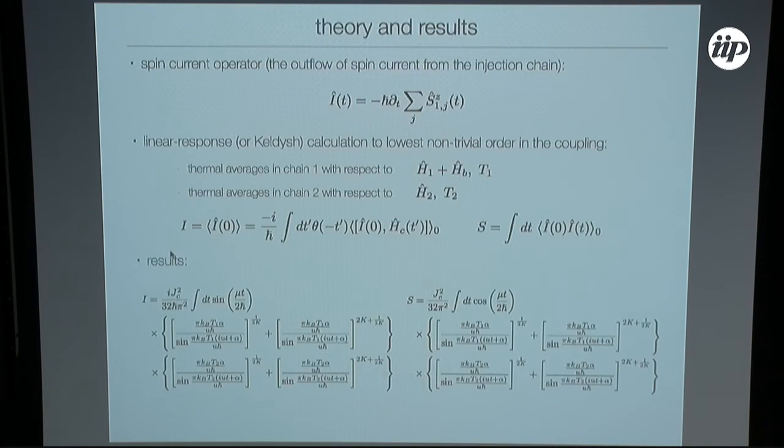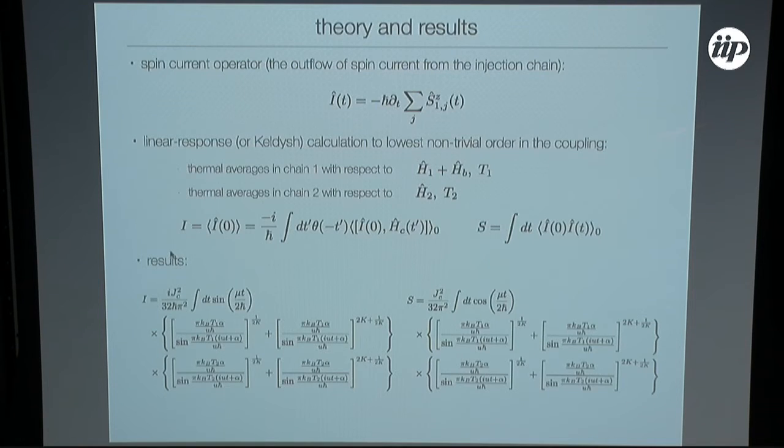Okay, so the theory is that first we define the spin current operator to be the spin current leaving the injection chain. You can calculate this within linear response to lowest order in the coupling constant JC. In principle you have to calculate the expectation value of the current using the Keldysh formalism, but as long as you're looking at lowest order in JC, the linear response calculation is equivalent to a Keldysh calculation.